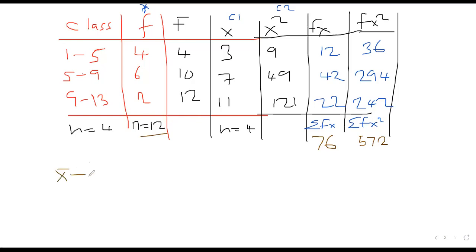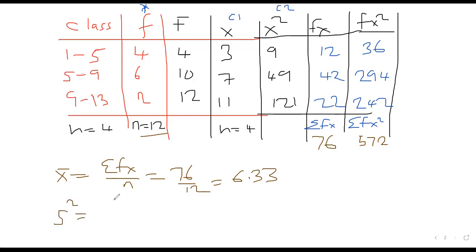The mean is summation of f of x over n. So 76 divided by 12. So this is 6.333. That is how we find our mean.